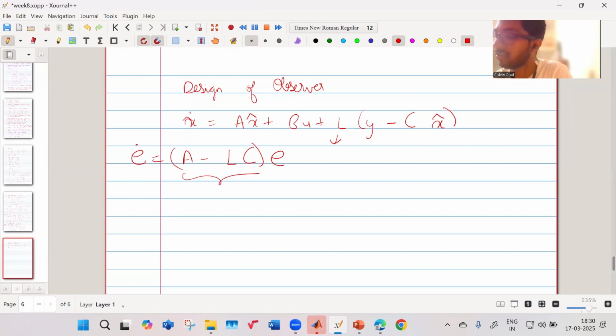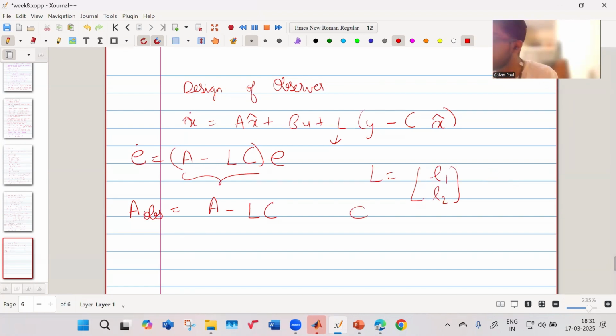So this is the matrix, and our A observer is actually equal to A minus LC. So what is our L? L in this case is given by L1, L2.